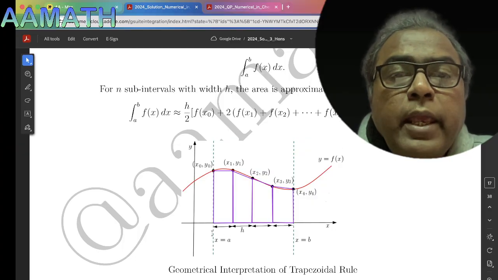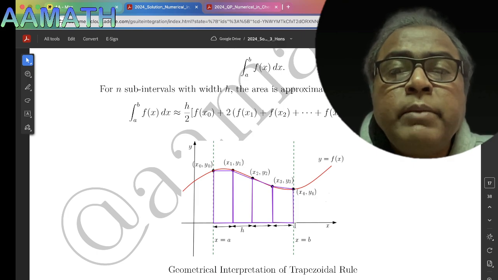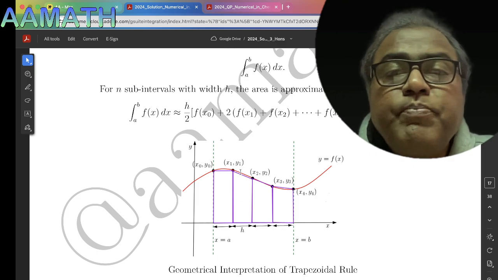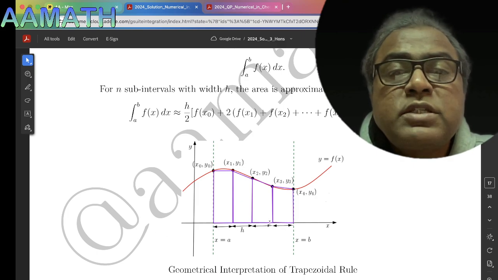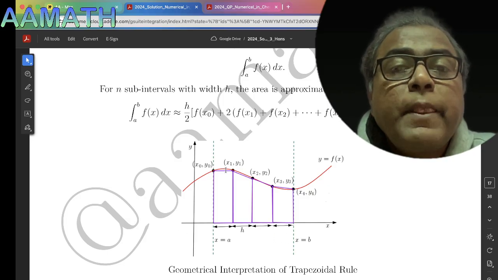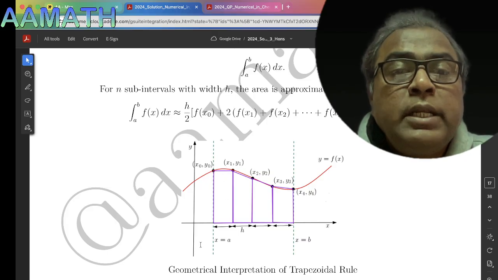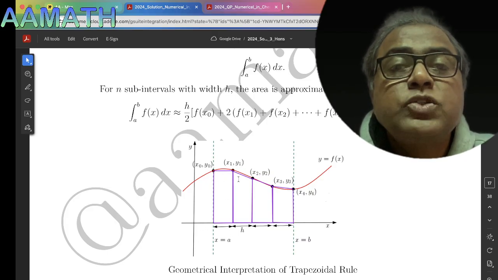So x0 is a, and xn is equal to b. In the subintervals x1, x2, x3, up to xn, the endpoints are a and b, and we construct a trapezium here. This height is y0, this height is y1.